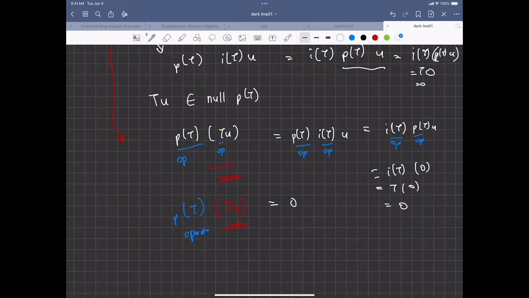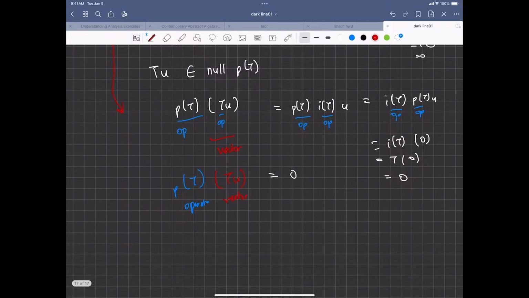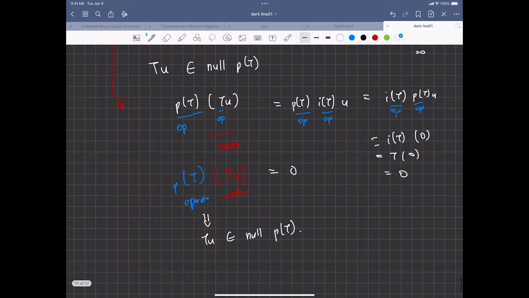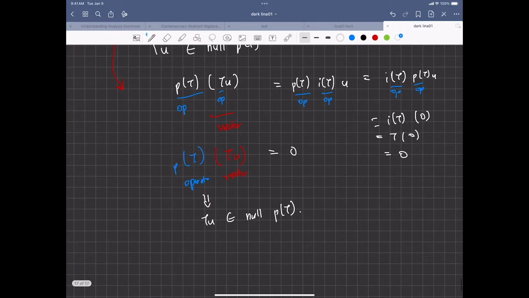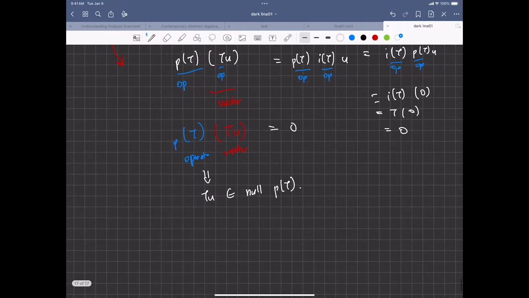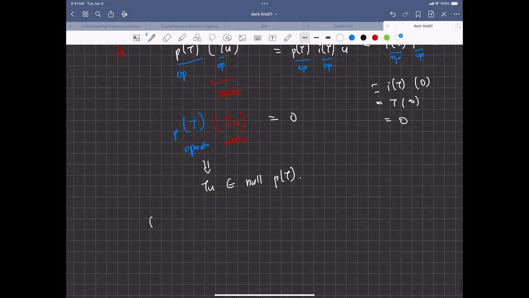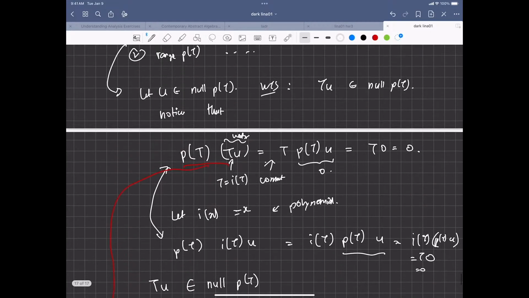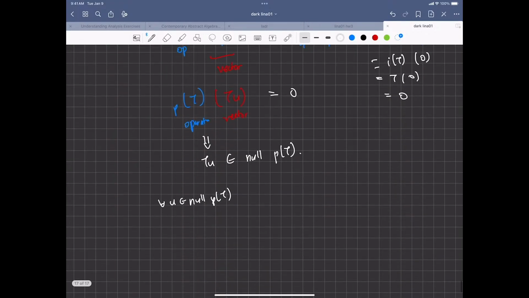We get 0. So this implies that T of u is in the null space of P of T. What this has shown us is that for all u in the null space of P of T, because we've taken u as an arbitrary element, T of u is an element of the null space too.